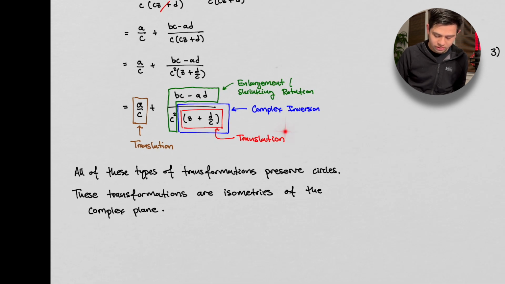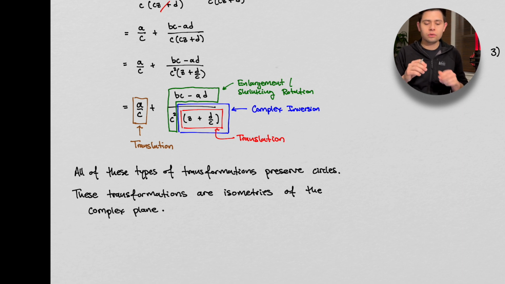What do all of these things have in common? Well, they preserve angles and they preserve distances, right? Whenever you rotate something, you're preserving distances. Whenever you're inverting something, you're preserving distances. Whenever you translate something, you preserve distances. And at the same time, we are also preserving angles.